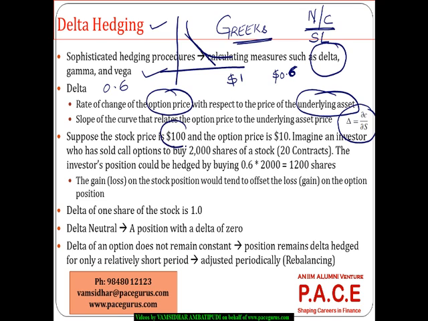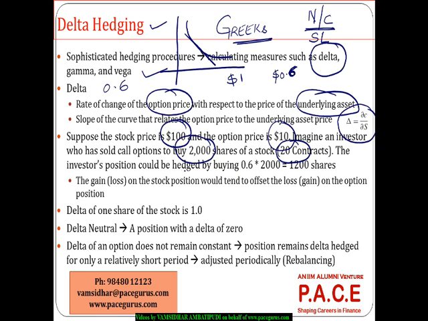Suppose the stock price is $100 and the option price is 10. Imagine an investor who has sold call options to buy 2000 shares of a stock, which is 20 contracts, with 100 shares per contract. Now you can talk about the investor's position.